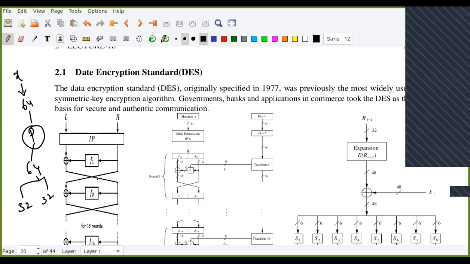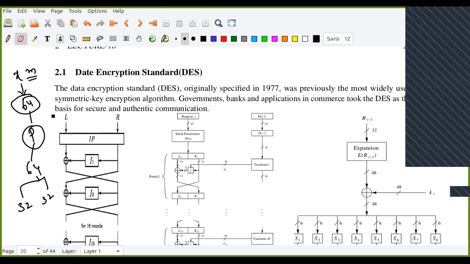Sir, what is left and right here? Left and right means originally we have 64, the message block size is 64. Then I will do some permutation to that. Permute means, for example, 1, 2, 3 can be permuted as 2, 1, 3. But still it is 64.